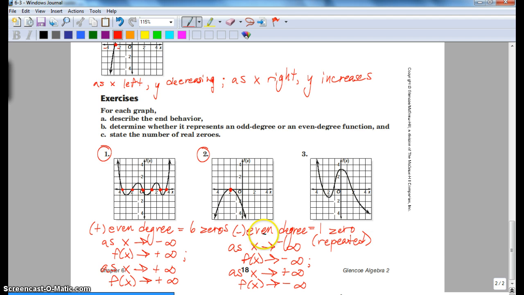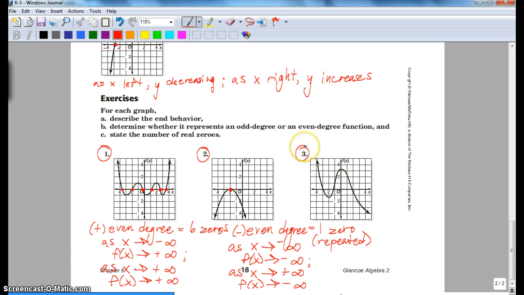All even degree functions have to have the number of zeros that match it. In other words, 1, because it's not even, it wouldn't technically correlate with our definition. So what we say is that 1 zero is repeated at that value. And we're going to talk more about why repeated zeros are important and how they differ from just any old zero. But that's that with that problem.